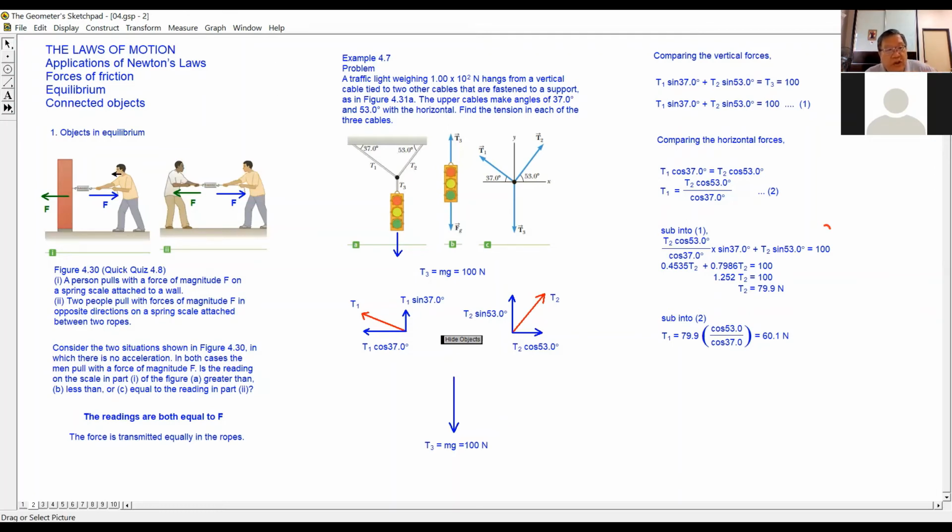Within the same diagram, of course, we know the blue arrow and the green arrow are exerting a force of F. This is recorded inside the spring balance here.